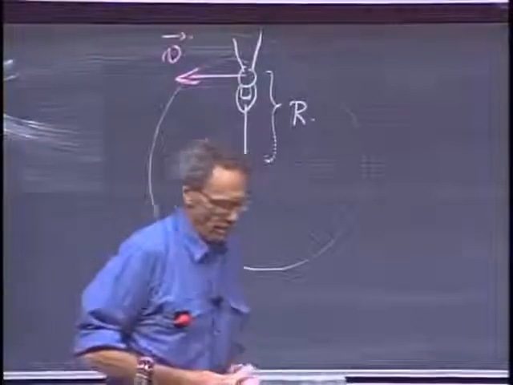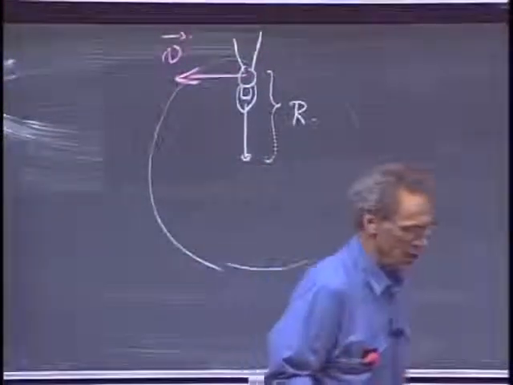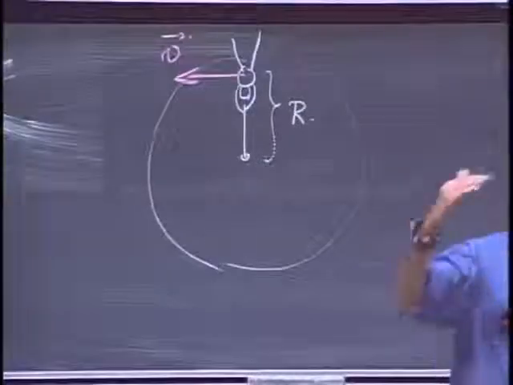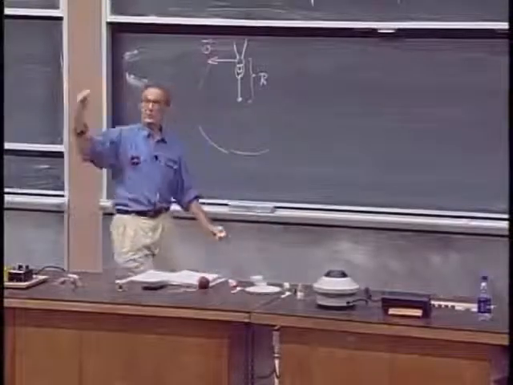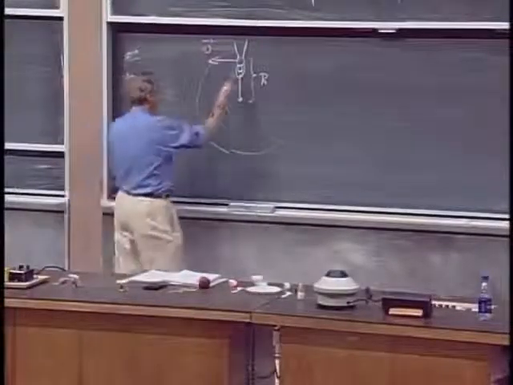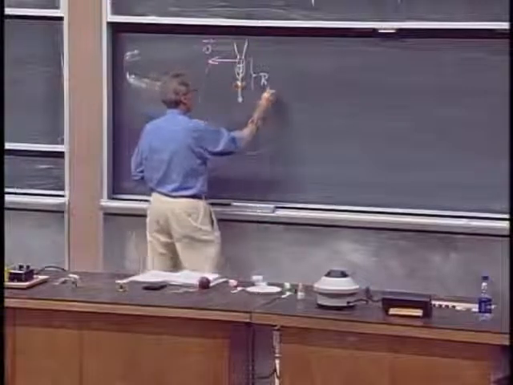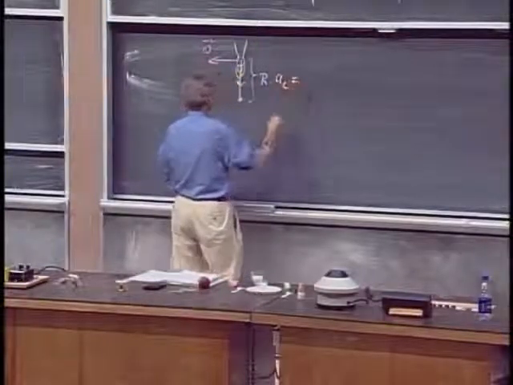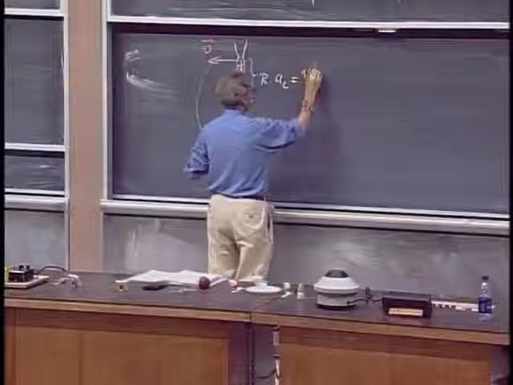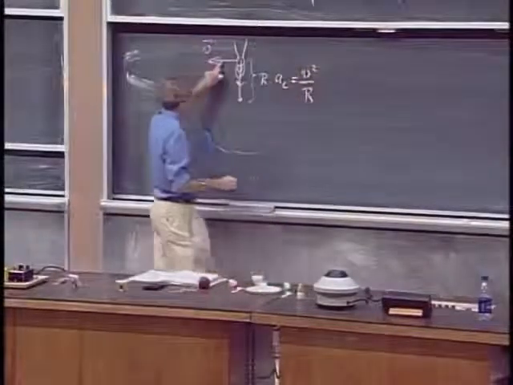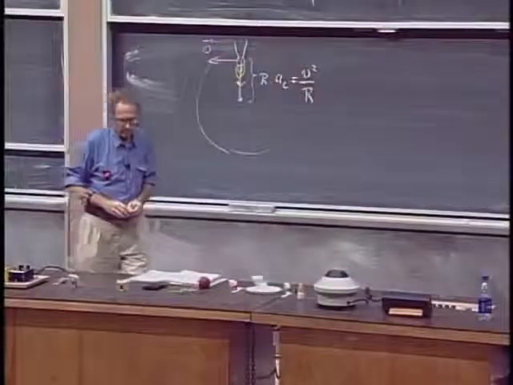And so you need a certain centripetal acceleration to go around in that curve. So you need a centripetal acceleration, A of c, which is v squared divided by r, if you like that. This is the magnitude of that v.